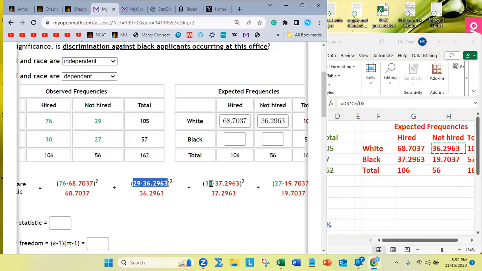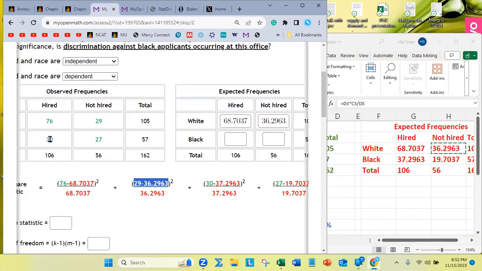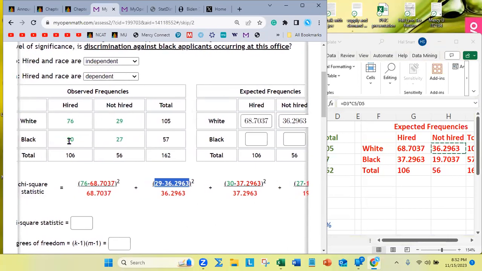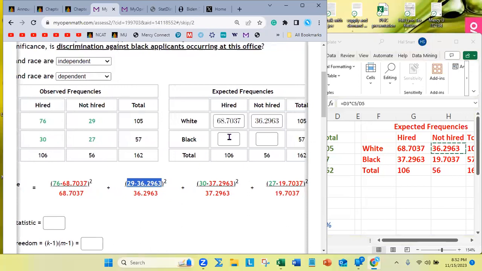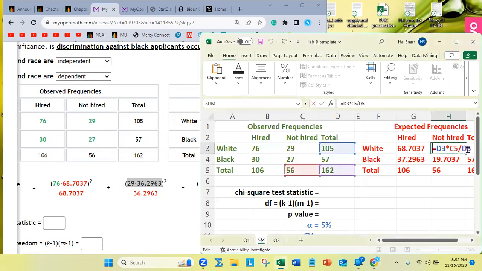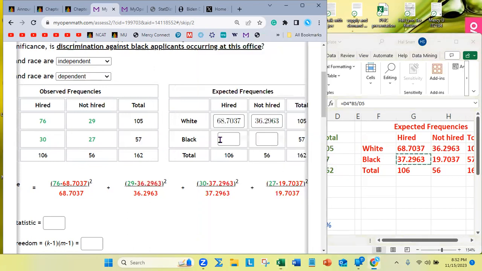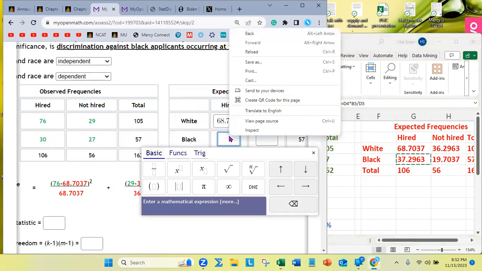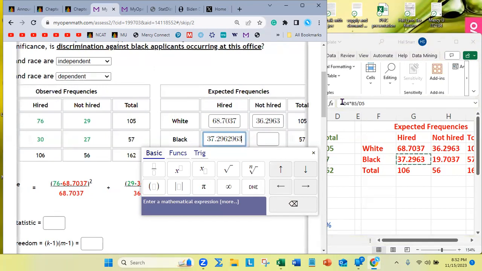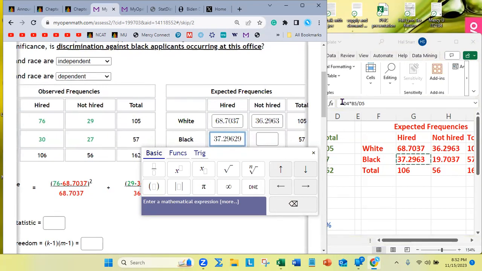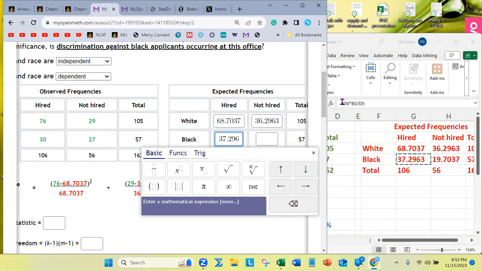And then we have the next one, 30 minus. So this expected frequency, which is black and hired applicants, and its deviation from the expected, which is 37.2963. And again, we've got to do 4 decimals, so that's a 3 right there, right?